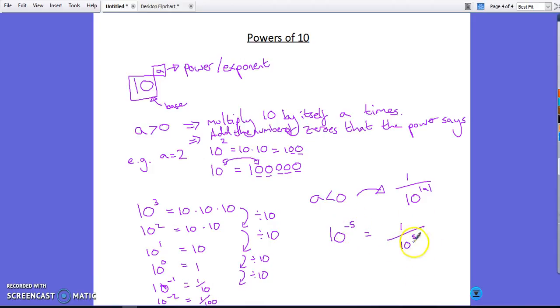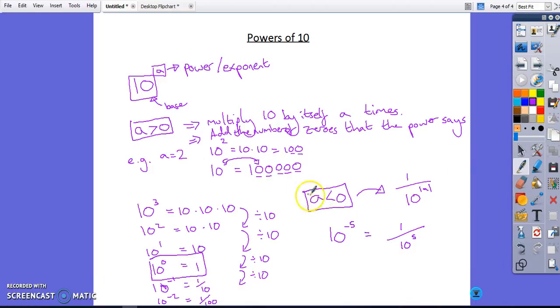So the negative is like a 1 over. So we have this case when A is 0 and when A is less than 0. And we have a certain number of rules with these different exponents.